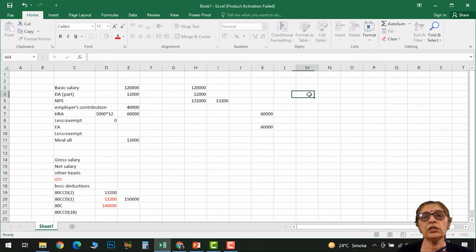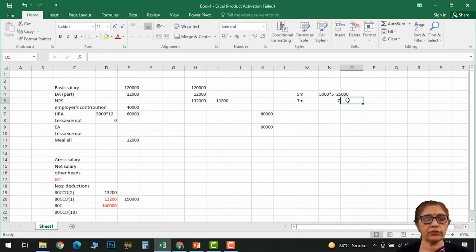It's also possible that for 5 months you are not paying rent, for 7 months you are paying rent. So 5,000 of HRA into 5, 25,000 would be fully taxable. And for the remaining period of 7 months, we shall calculate HRA exempt from tax.